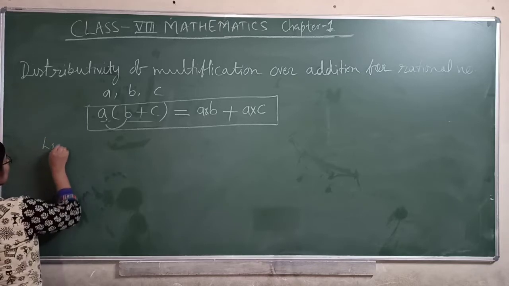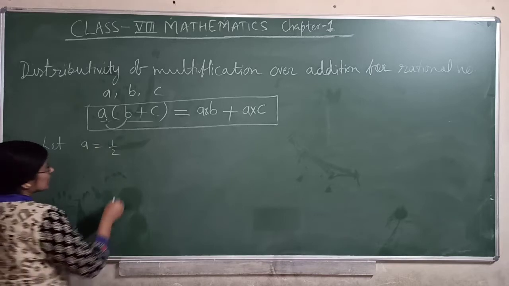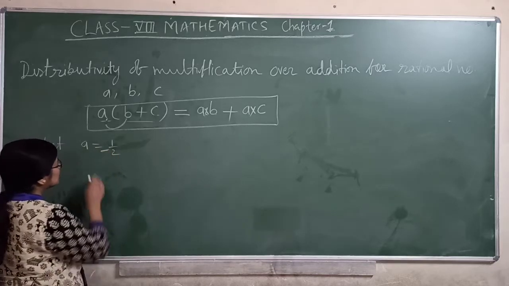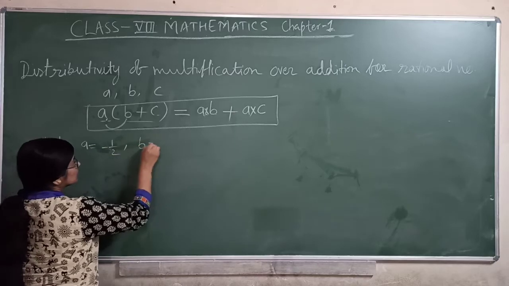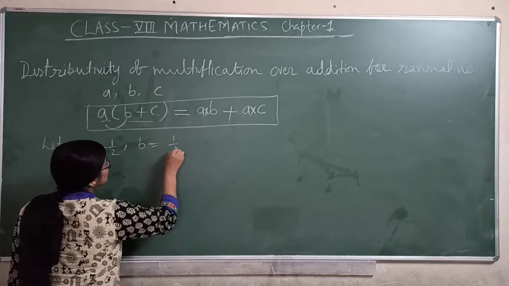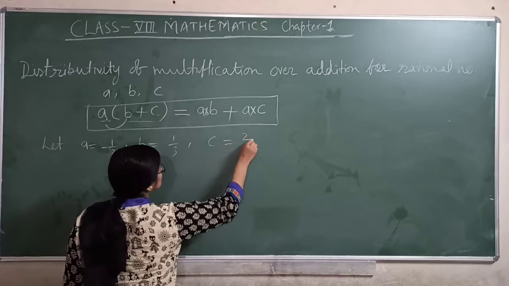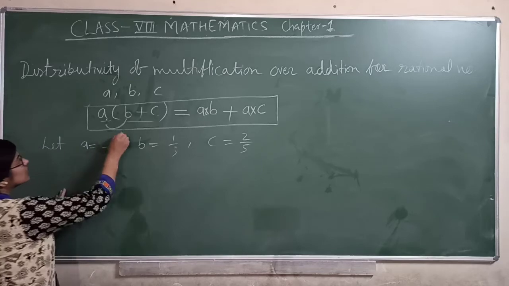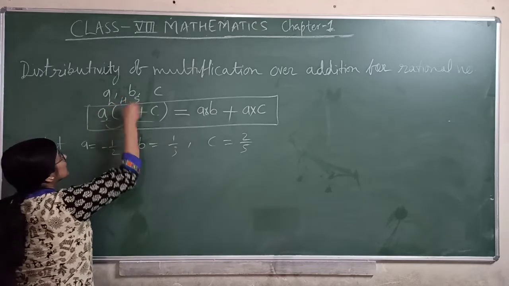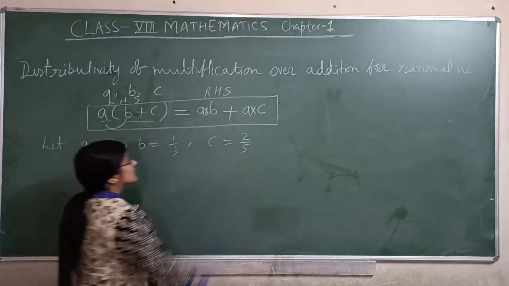Let A equals minus 1 by 2, B equals 1 by 3 and C equals 2 by 5. So this is our left hand side and this is our right hand side.